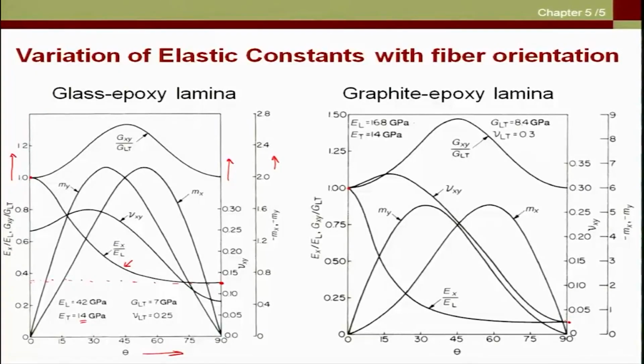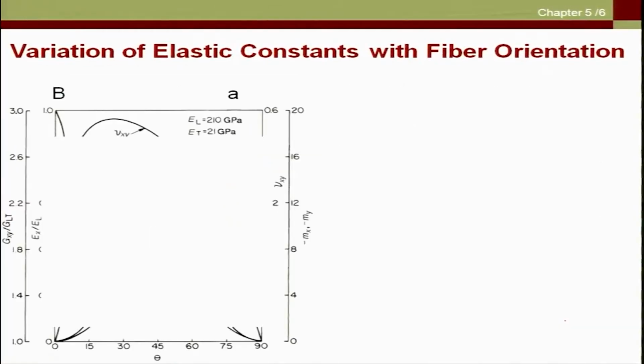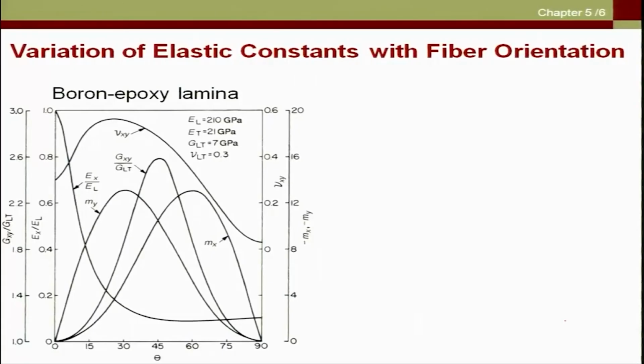But the same cannot be said for the third material system, which is boron epoxy. So, what do we see in boron epoxy? This is the graph for Ex divided by EL, and what we see here is that, once again as expected, it starts at 1.0, which means at 0 degrees Ex will be the same as EL, which is 210 GPa.